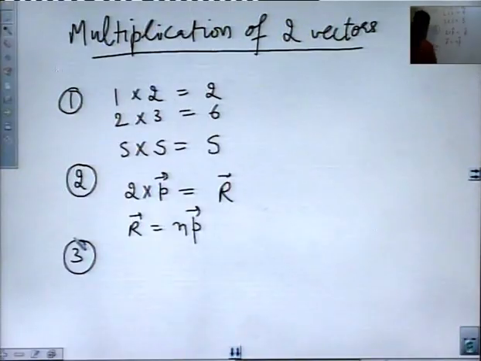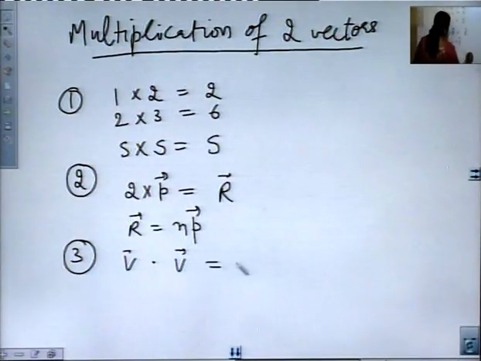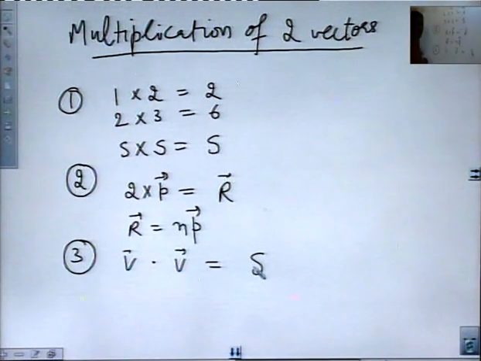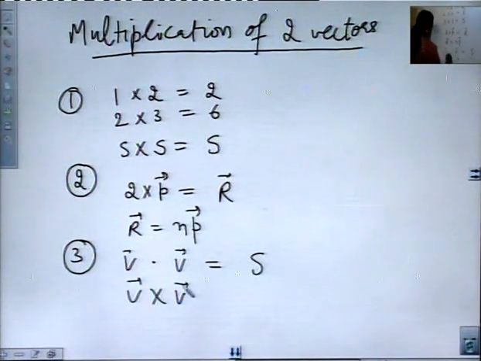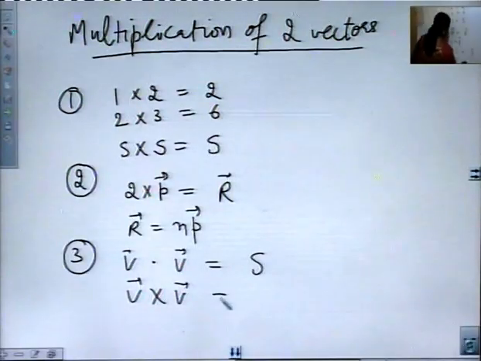Now let us multiply two vector quantities. If we take their dot product or scalar product, we get the resultant quantity as scalar. But if we take their vector product or cross product, the resultant is a vector quantity.